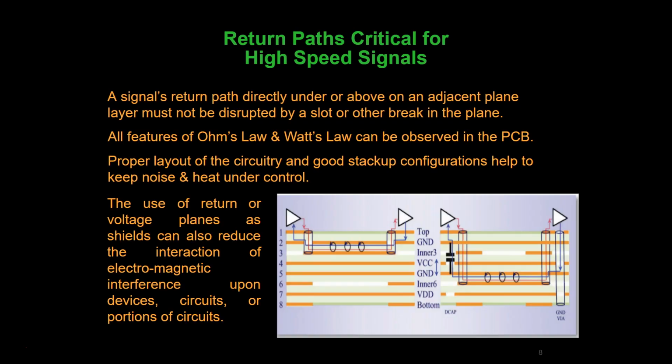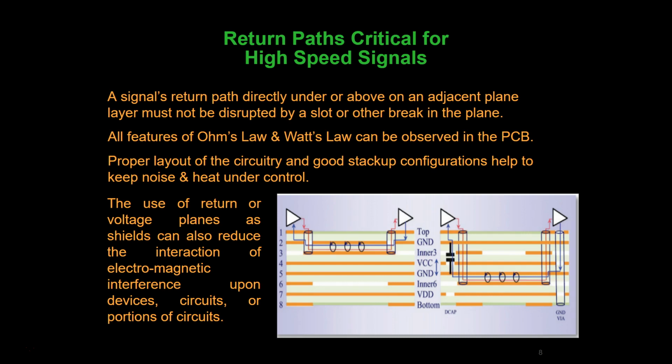Now moving on to the next slide. This is the return paths. It says return paths are critical for high-speed signals. One of the keys in determining the optimum printed circuit board layout is to understand how and where the signal return currents actually flow.